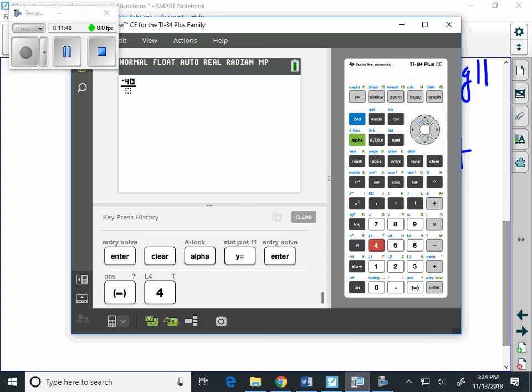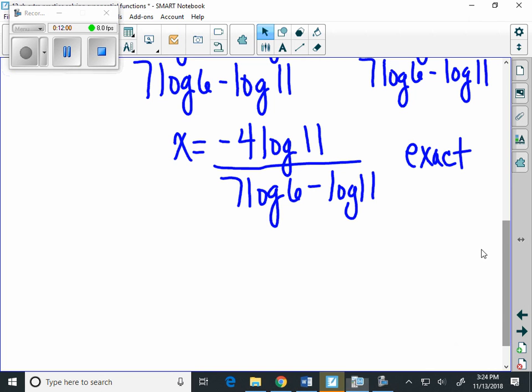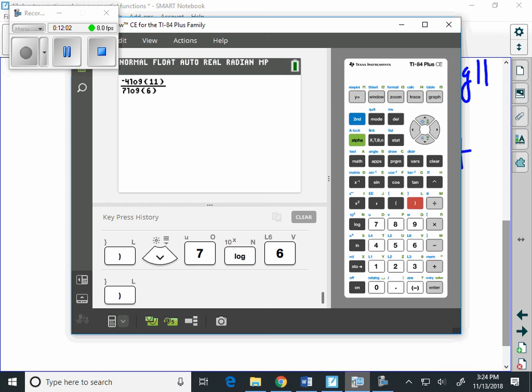Negative 4 log 11 divided by 7 log 6. Check here, yep, minus log 11. Close that parentheses.